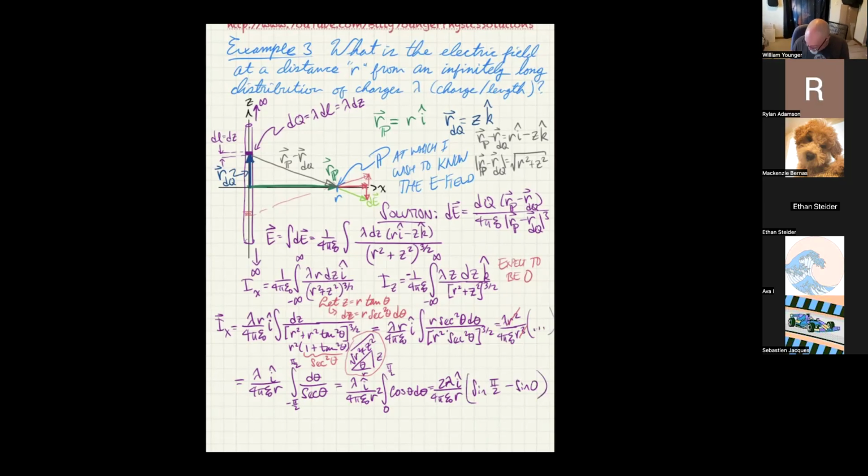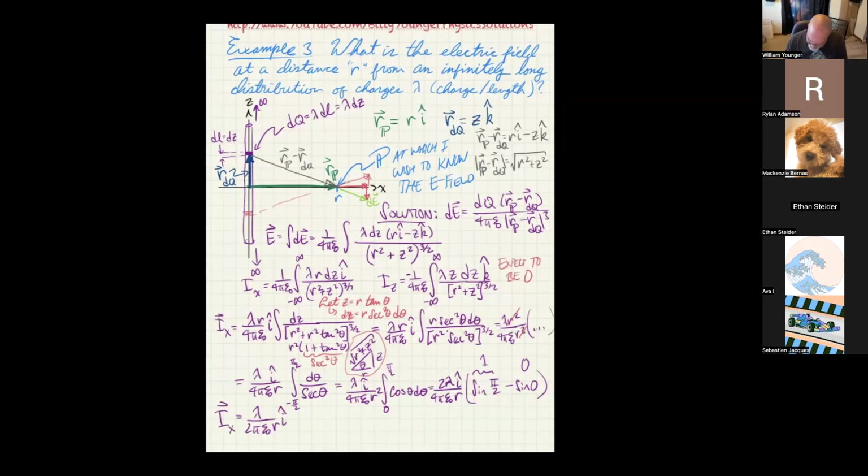And of course, the sine of pi over 2 is just 1, and the sine of 0 is 0, like that. So basically, my answer is equal to lambda over 2 pi epsilon naught r in the I hat direction. And that's I sub x, like that.